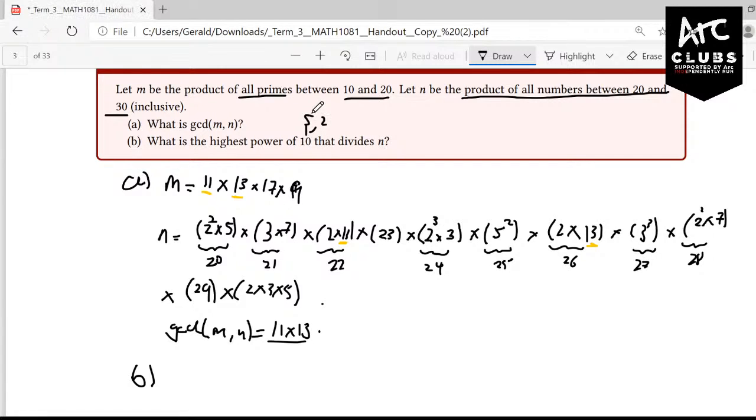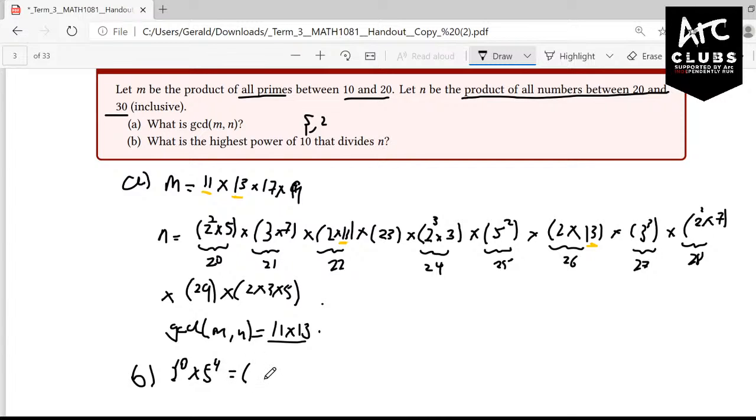So we just need to look at 5 and 2, the pairing for 5 and 2. So we can see that we have 2 to the power of 10 times 5, 3, 4. So we have 4 5s.